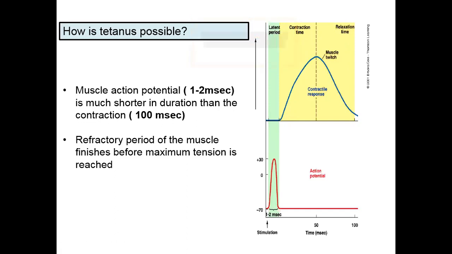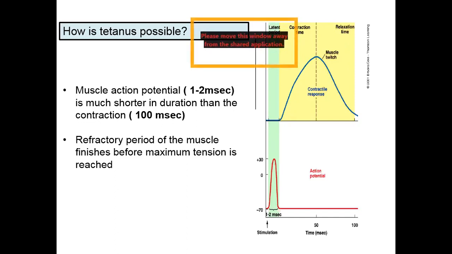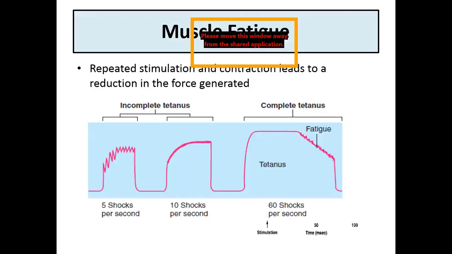Okay, just to summarize, basically tetanus can only occur in contraction time with subsequent multiple stimuli. Yes. And if you continuously apply lesser stimulus, you may observe a staircase phenomenon or unfused tetanus.